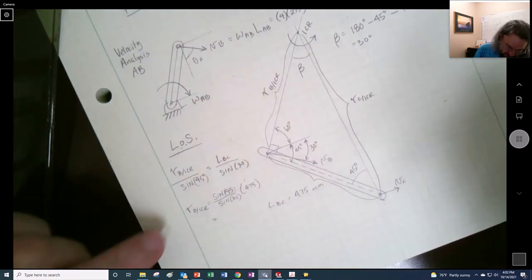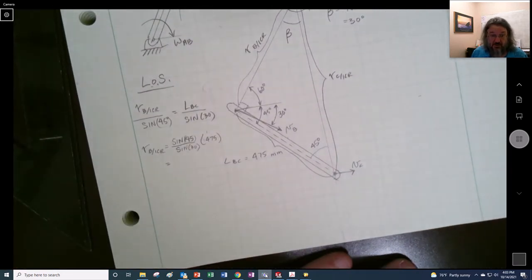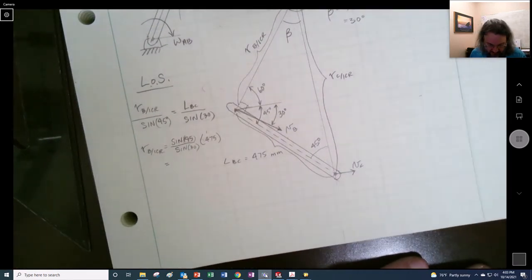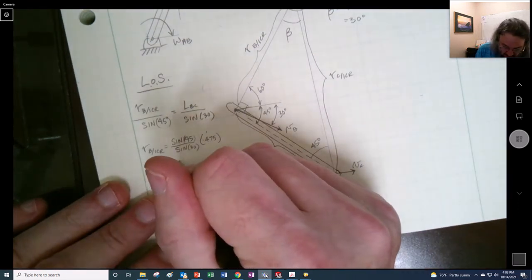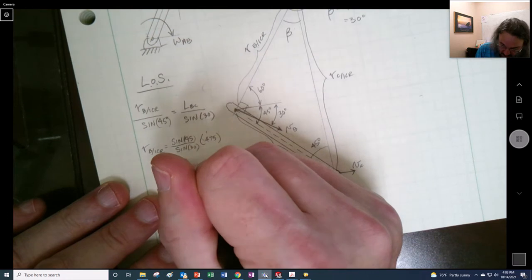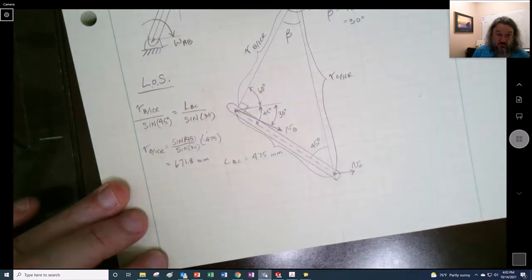So we're going to get, I'm kind of making a mess out of this. It's not my best work. Yeah, whatever. You divide the thing out and you multiply by 475, and we get 671.8 millimeters. Okay.